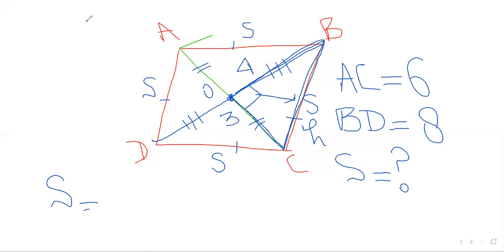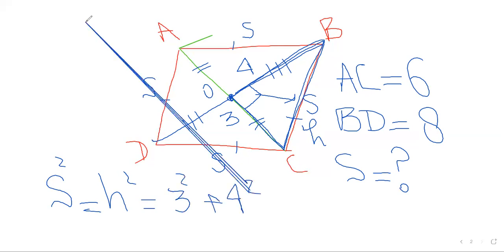So H squared is 3 squared plus 4 squared, and you get the answer. I'm sure that it's very easy and simple, and you have done well. Now you are coming onto the right path.